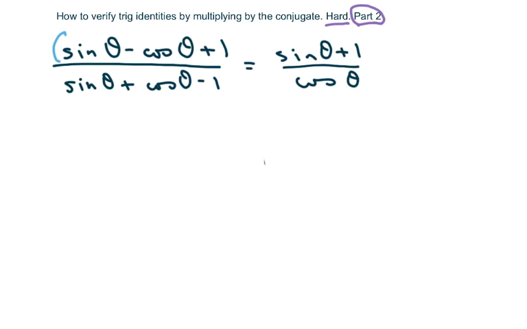So I'm just going to do this, and then multiply by the conjugate. And the conjugate's going to be the same as the denominator. And the reason is because it's pretty simple over here. So we're going to go ahead and write this again.